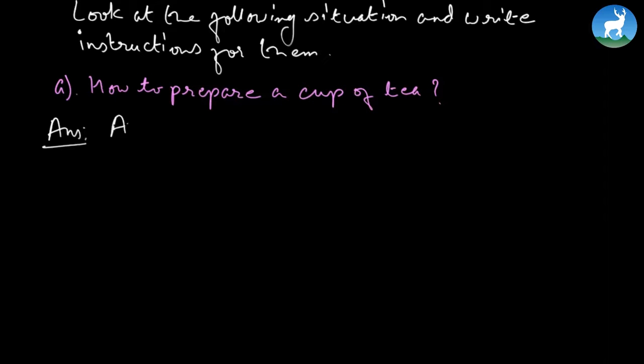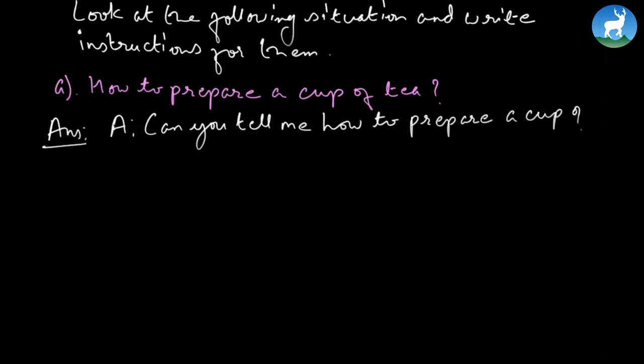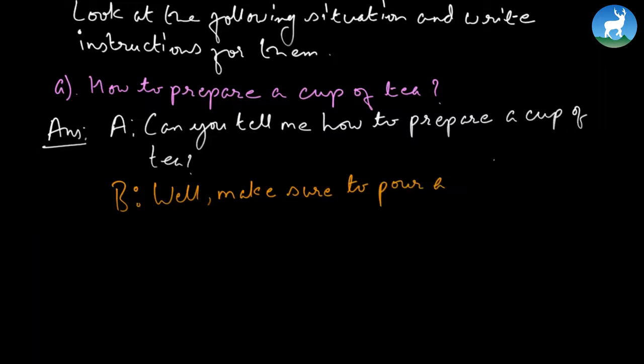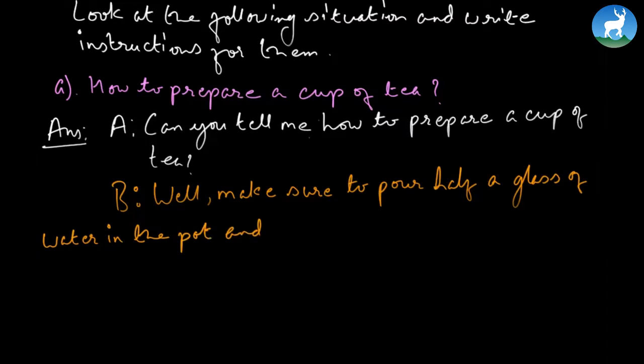Now let's make it more like a question. A: Can you tell me how to prepare a cup of tea? B: Well, make sure to pour half a glass of water in the pot and add half a cup of milk.